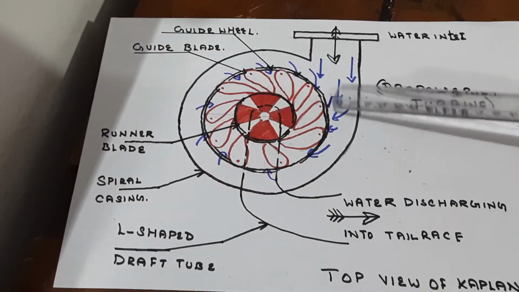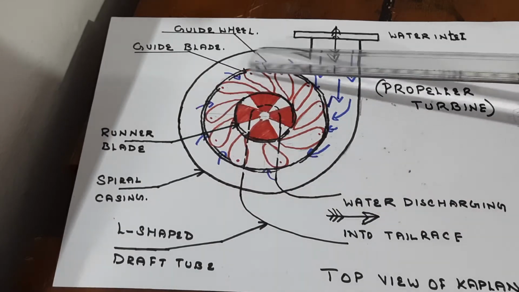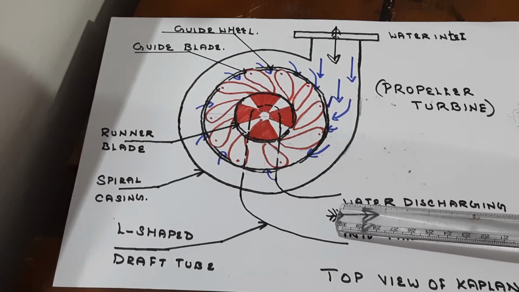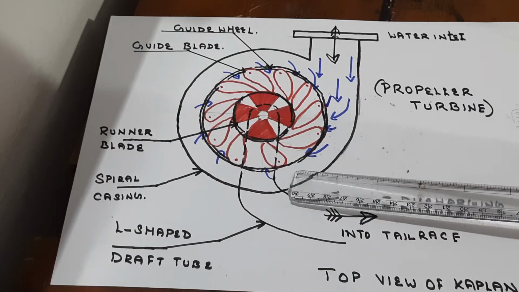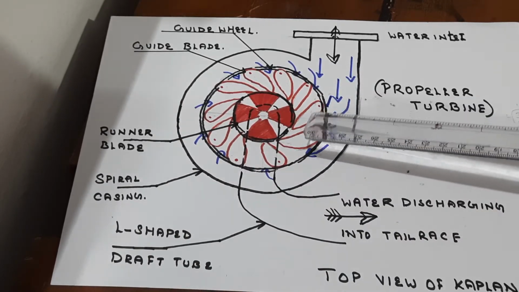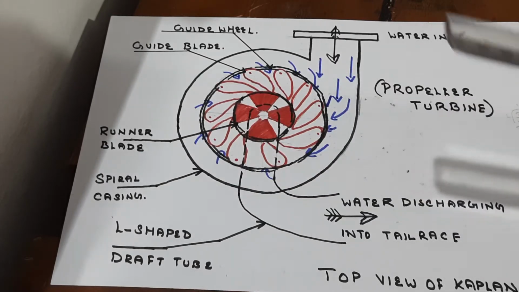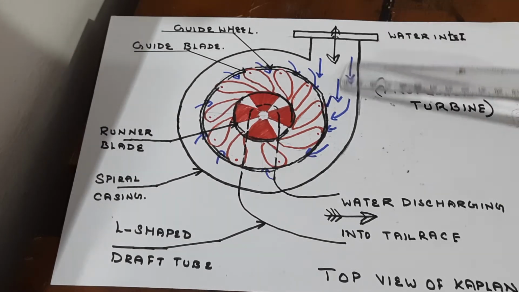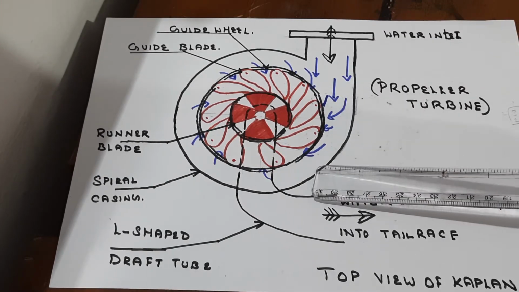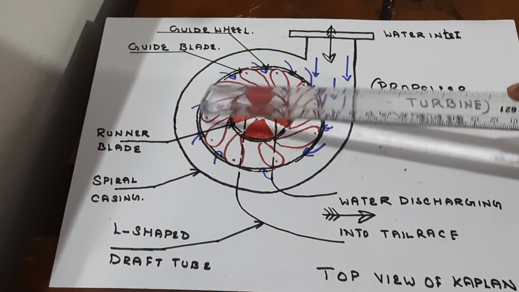As the area of the casing goes on decreasing, what will happen? The velocity of the flow is constant and the quantity of the flow keeps on changing. Now, as per the process, as the water gets from the penstock into the spiral casing, there are many guide blades here.